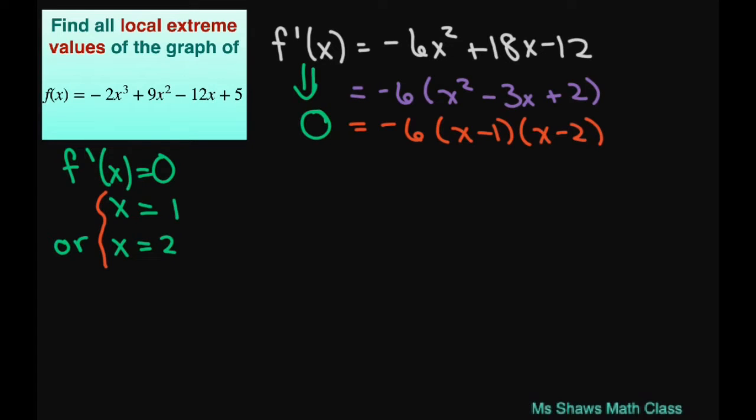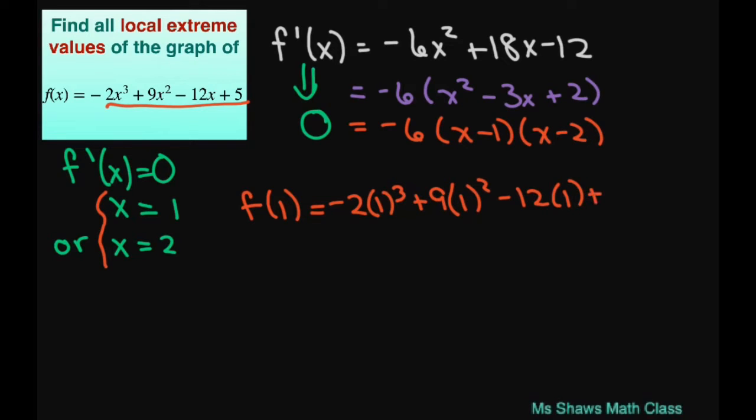And let's find out the exact value, and that means your y value. So we're going to take f of 1. That's going to be negative 2 times 1 cubed plus 9 times 1 squared minus 12 times 1 plus 5. This equals 0. And let's also do f of 2.